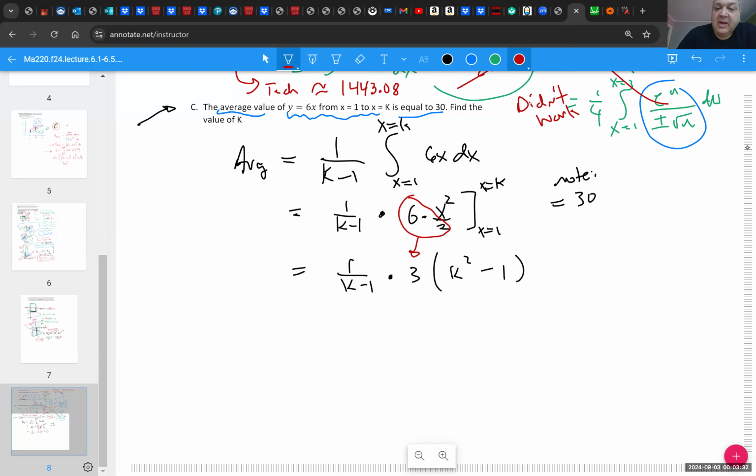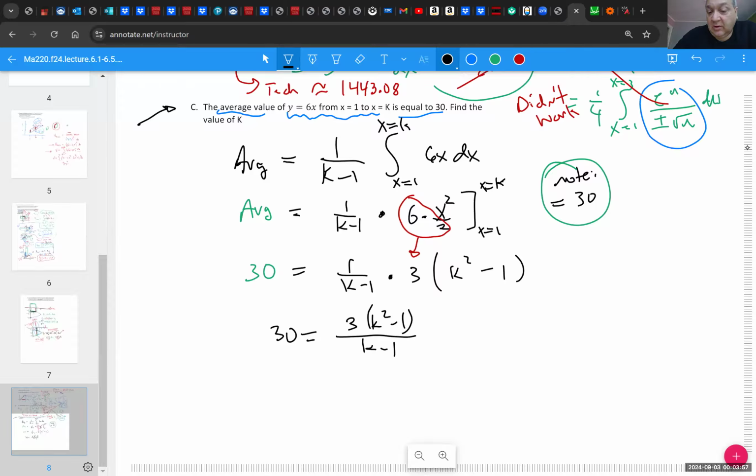And I know the average value is 30. So instead of just saying average each time, let me just put in 30, since I know the average value is 30. So what do I get here? I get 30 is equal to 3 times k squared minus 1, over k minus 1.